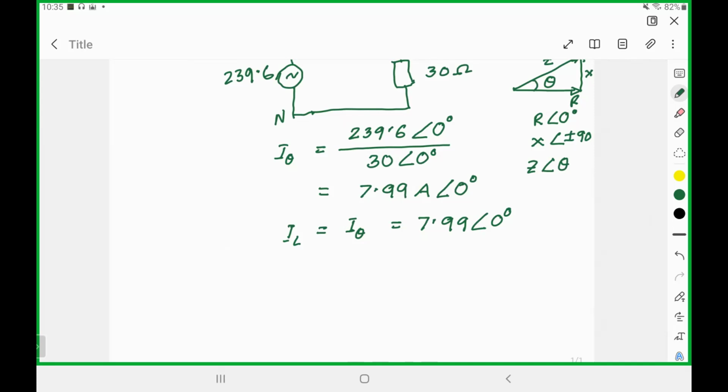When I mention phasor diagram of line currents, how many line currents will be there? 3. Yes. So all these 3 line currents should be represented in your phasor diagram.